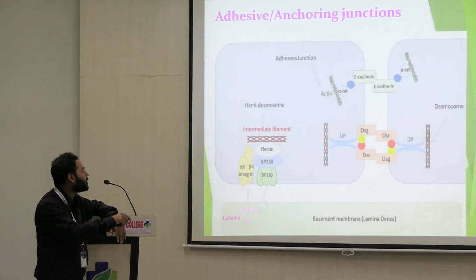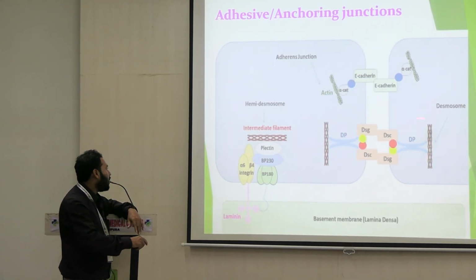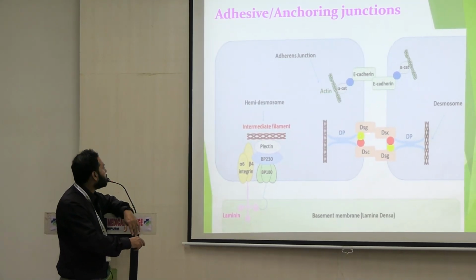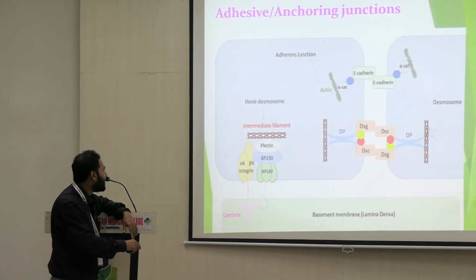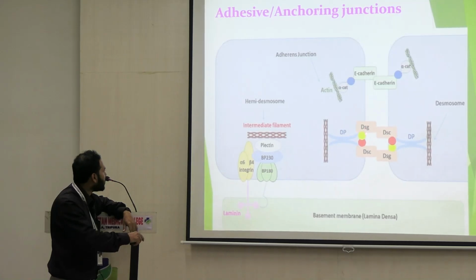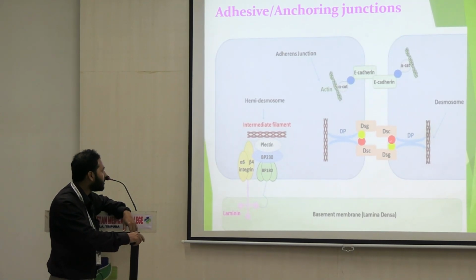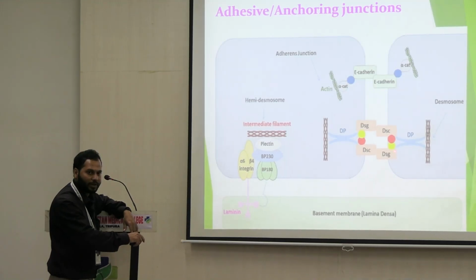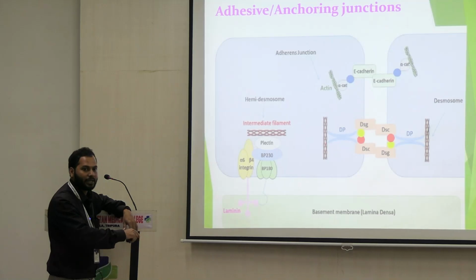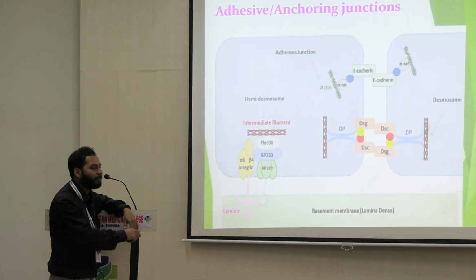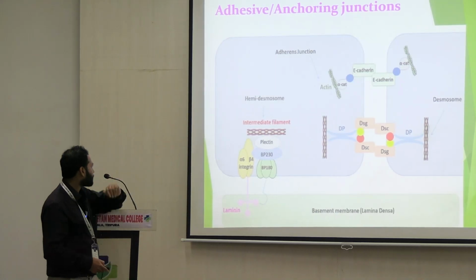Here it is actin, here it is also actin. At the same time, if you see the desmosome, this is the integral transmembrane protein, desmoglein and desmocollin, right? Desmoglein and desmocollin are present on the surface of one cell membrane. Here also, this is desmocollin and desmoglein. But the main difference here is that instead of actin filaments inside the cells, it is attached to the intermediate filament. This is the difference between this and this.